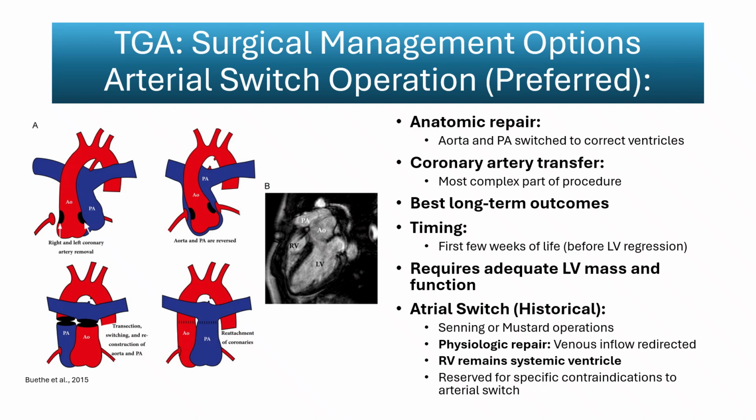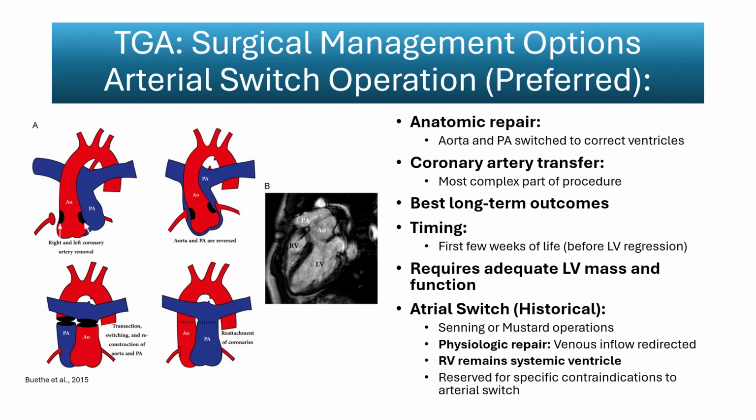Historically, atrial switch procedures such as the Senning and Mustard operations were performed. These redirected systemic and pulmonary venous inflow at the atrial level, allowing physiologic correction but leaving the right ventricle as the systemic ventricle. Over time, this strategy led to progressive right ventricular failure and arrhythmias.